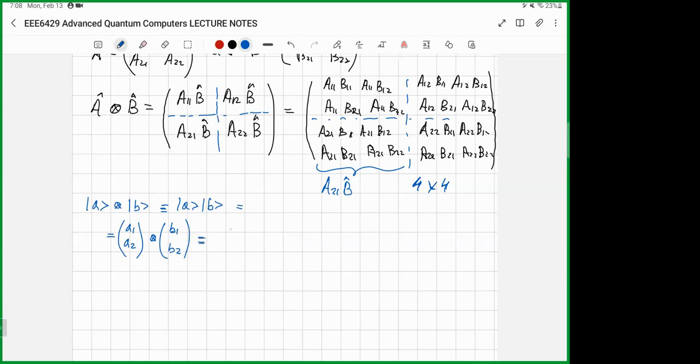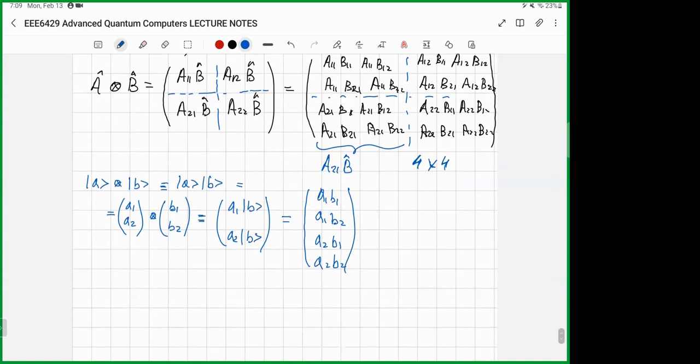Again, this is nothing but the first element of the first vector times the vector B, and then the second element times the vector B, or it is the following four-dimensional vector: A1 B1, A1 B2, A2 B1, A2 B2.